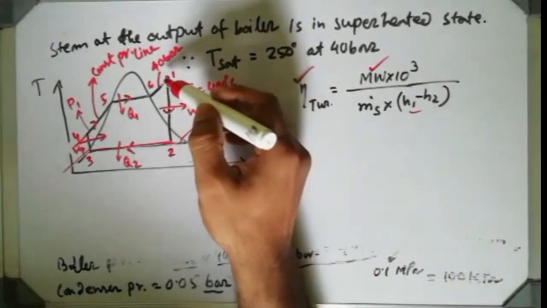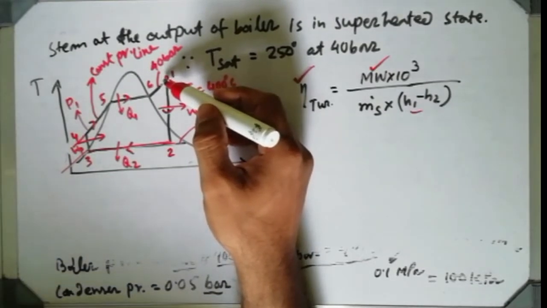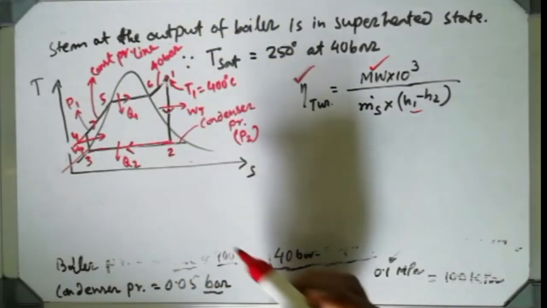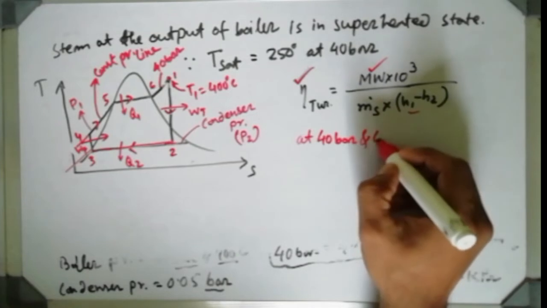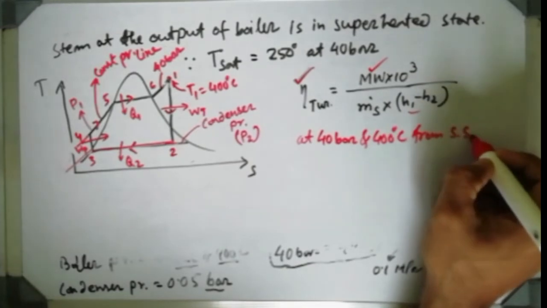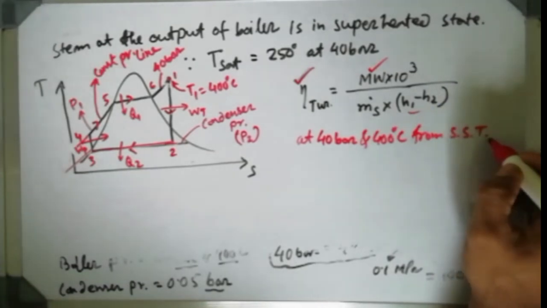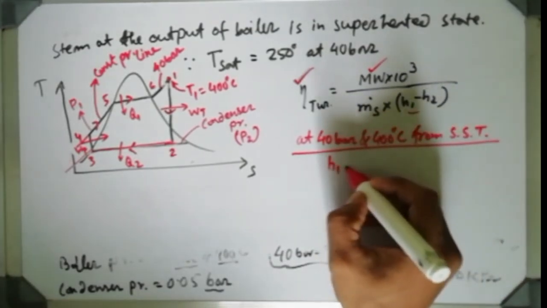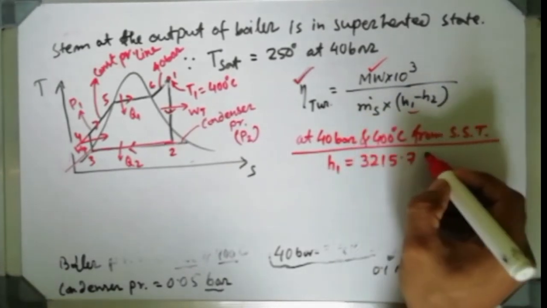Okay, then H1 means the enthalpy at this point. At this point you have to find the enthalpy from the superheated steam table, because this region is lying in the superheated steam table. So at 40 bar and 400 degrees centigrade from the superheated steam table, SST means superheated steam table, find the enthalpy value corresponding to the pressure and temperature, and it will be, I have already noted it down, 3215.7 kilojoule per kg.